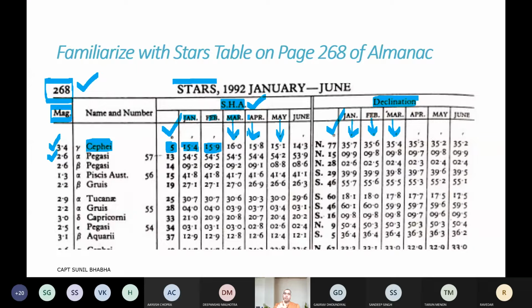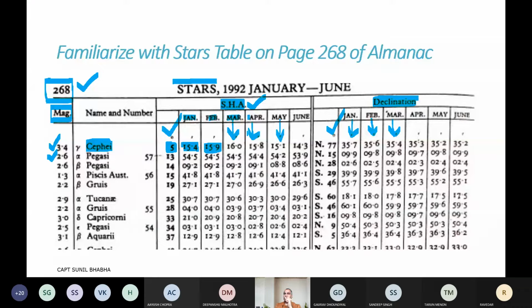You may have a name mentioned here as Alpha Pegasi, and on the right side, the same star may be mentioned under the name Markab. So why is there a difference? The difference is because the names of the star are given in Latin as well as English. So names given on the left side page are Latin names. Names given on the right side of the page are English names.